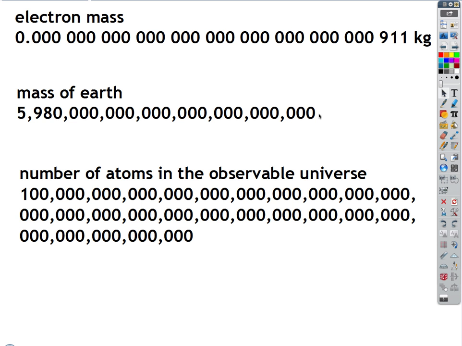That's also inconvenient. If we want to talk about the number of atoms in the observable universe, that's a really inconvenient number to write. So how do we deal with that? Let's say we want to retain the standard units like kilograms. Yeah, we have to have a different approach to writing these big numbers.